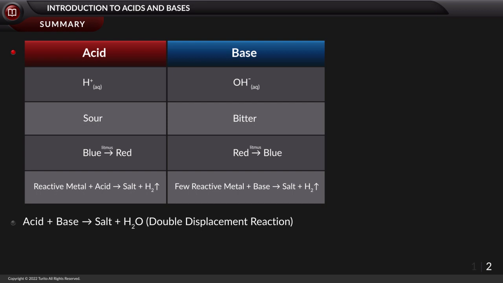While both show reactivity with active metal, forming a salt, and H2 gas is released, base reactivity is a bit limited as it can react with only a few metals. Acids and bases can also react with each other, forming salts and water. It is a type of double displacement reaction in which H+ from acid and OH- from the base react with each other to form a water molecule, and salt is obtained as the byproduct.